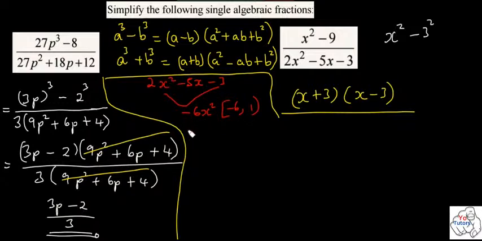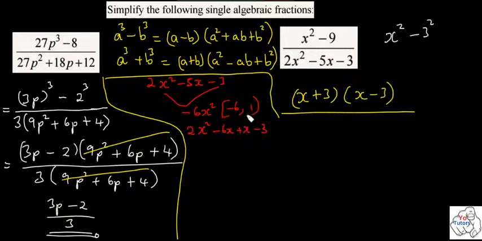So we substitute with the factors. Instead of the 5x, it's going to be 2x squared minus 6x plus 1x minus 3.